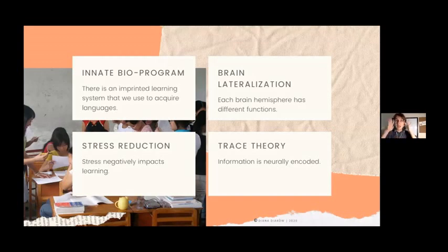Then the brain lateralization, this is basically the split between our hemispheres. And so in TPR, we want to integrate both hemispheres. And motion is really doing a great job with that. And again, when it comes to working with refugee students, it's incredibly important, because their native languages stimulate the brain slightly differently.